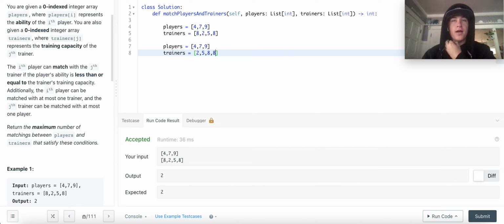We kind of want to maximize utilization by, for all the small trainers, trying to match them with the smallest players, right?